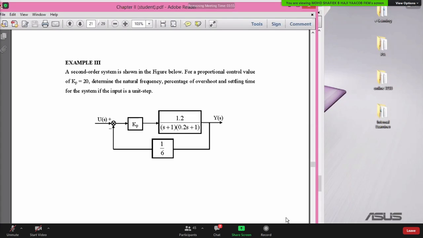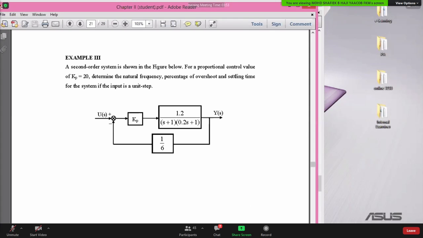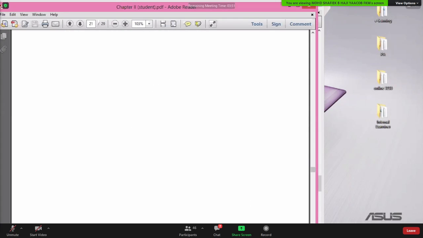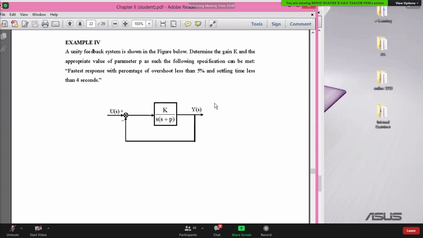And the second example here is a design type of example: I specify what the system should do, and you tell me how you are supposed to design the system.